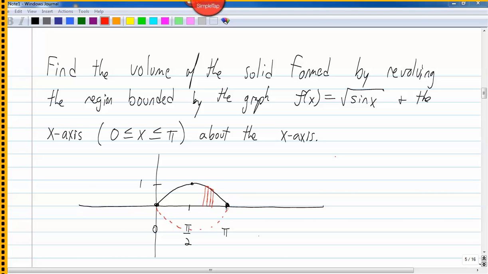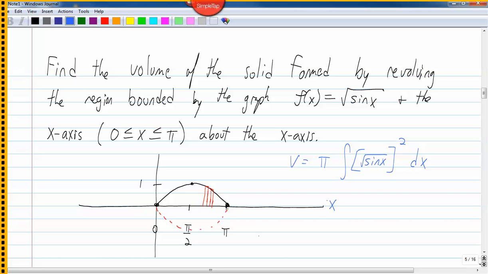Alright, so we're going to find the volume of this figure by following the formula. Pi times the integral of, well, what's the radius? The radius is the function, the radius squared dx.